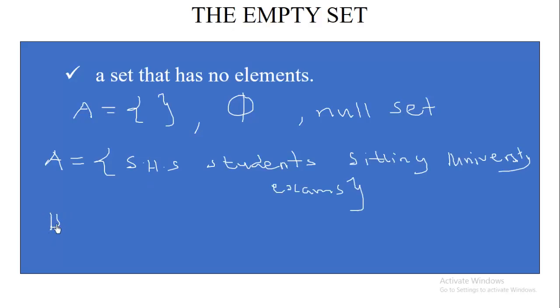Another set could be the set of teachers that write WASSCE. We don't have any teacher that sits for WASSCE exams, so that set is empty. We have a number of them.